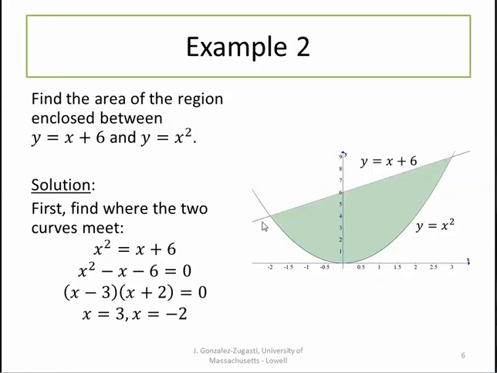So here on this region, our top function is x plus 6. Our bottom function is y equals x squared. Our lower limit of integration is the leftmost point, so that will be here at negative 2, and our upper limit of integration will be the rightmost point that we go to, which is x equals 3.